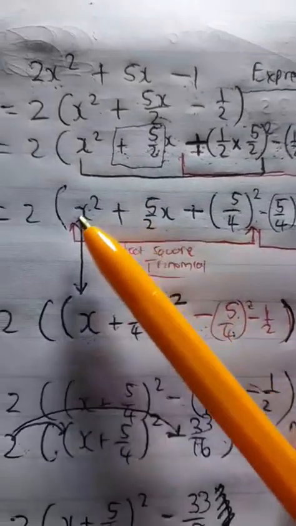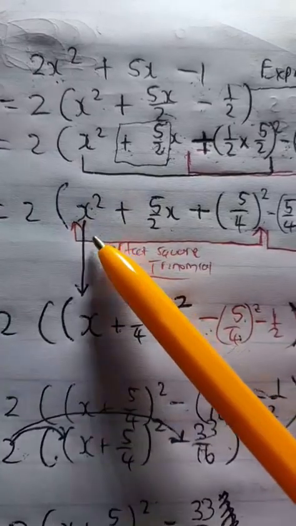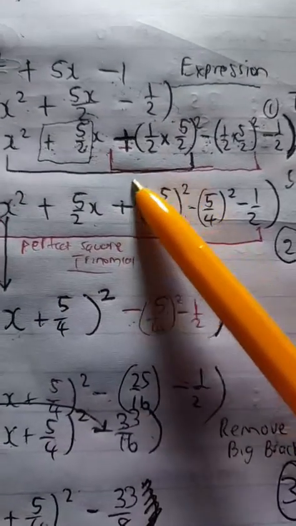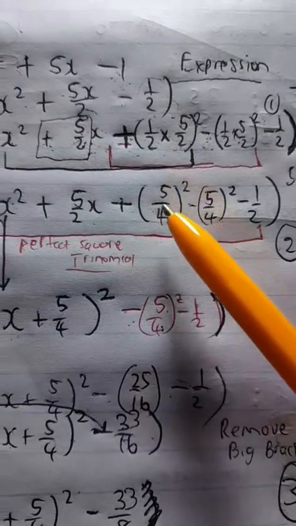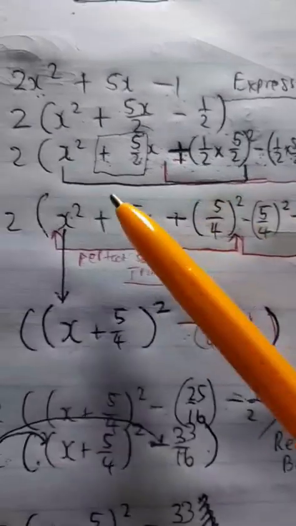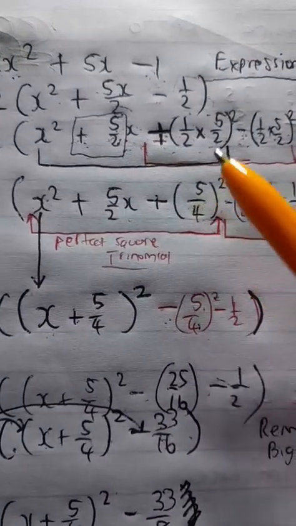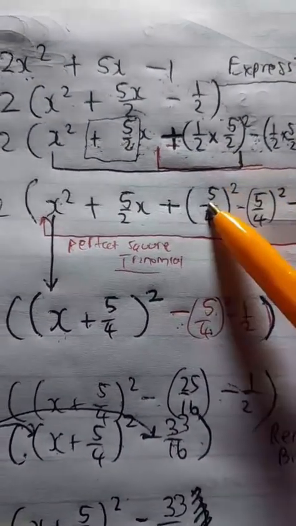We have x squared, the 2 is written there. Inside the bracket, we have x squared plus 5 over 2x plus brackets 5 over 4 raised to the power 2. These first three terms form a what? A perfect square trinomial.